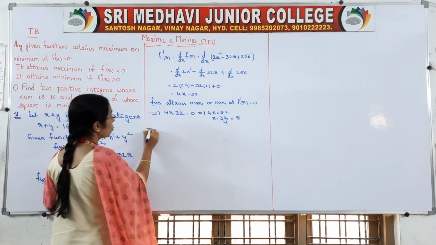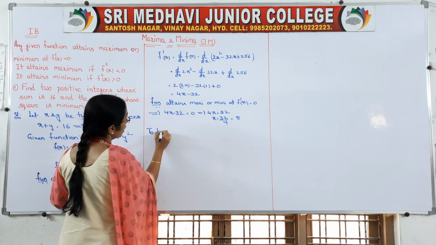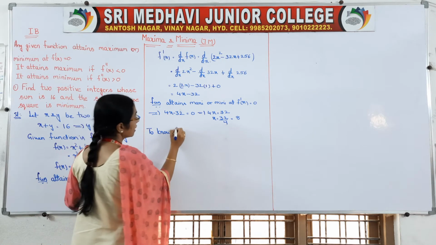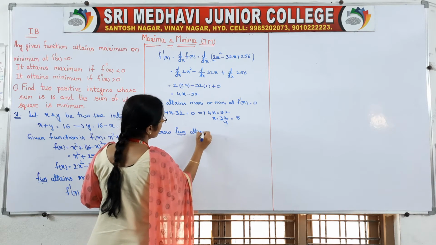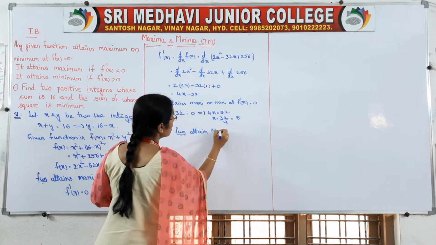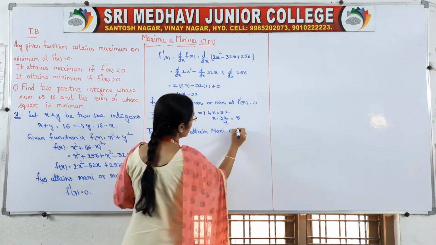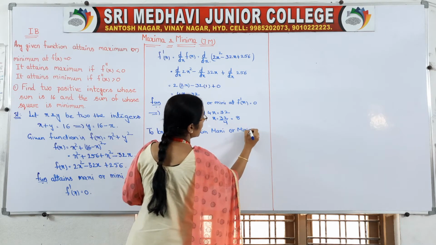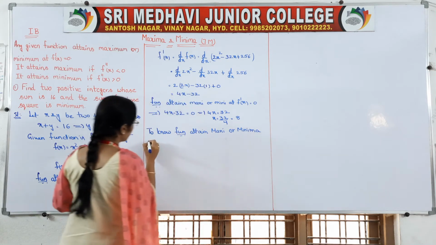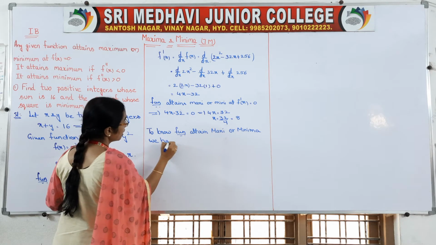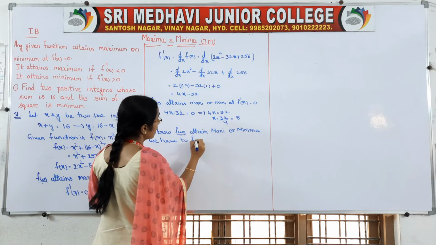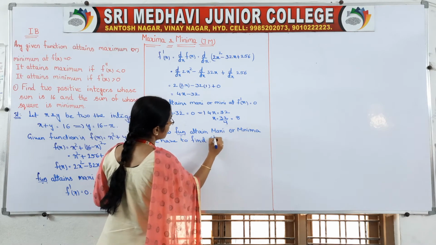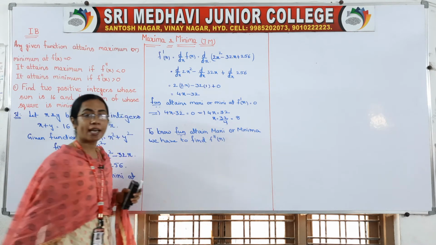So to know whether the function attains maxima or minima, we have to find f double dash x.